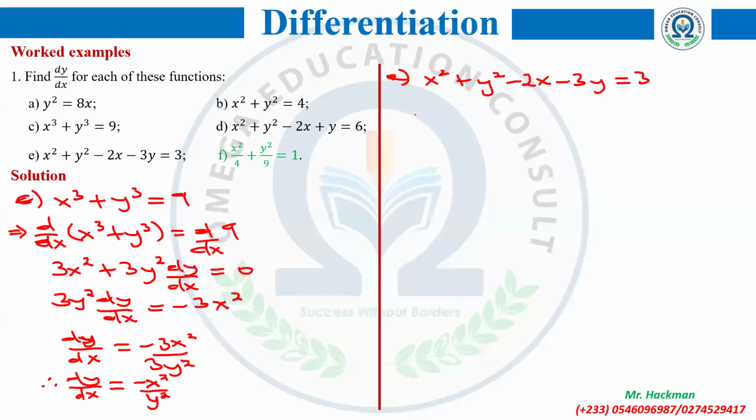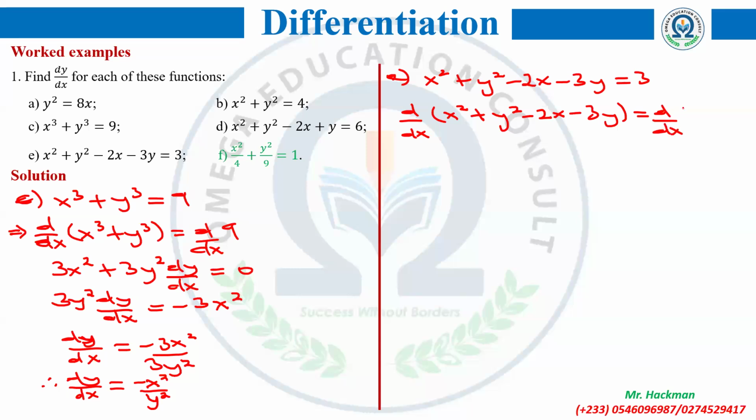So we take d/dx of both sides. Okay, now we are going to get d/dx of the whole of this, which is x squared plus y squared minus 2x minus 3y, is equal to d/dx of 3.